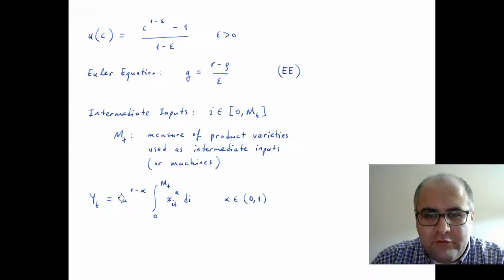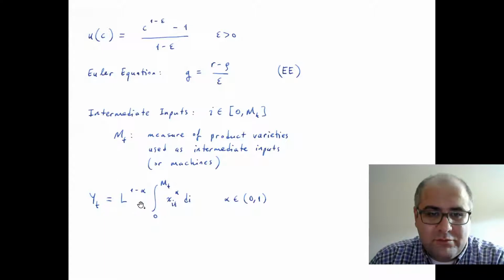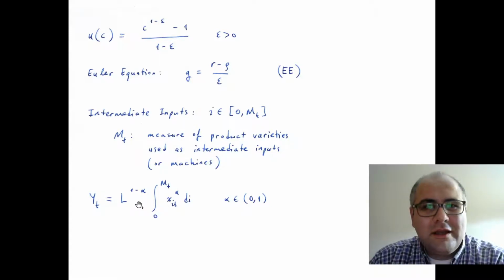Now, if you look at the production function in this way, it looks a little strange. It is similar to Cobb-Douglas from this point of view, but if you think about it a little bit carefully, you will see that it is aggregating.